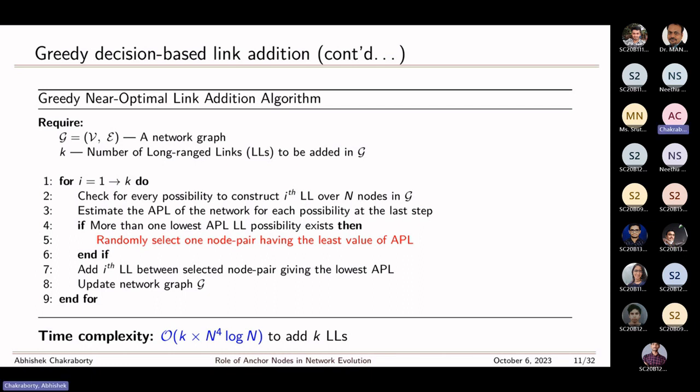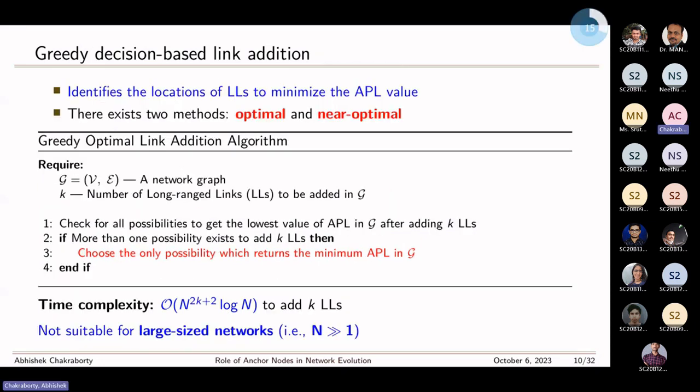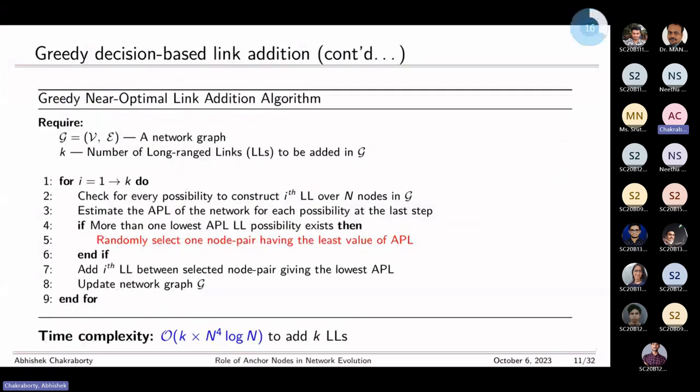As we discussed, for one LL in optimal addition it is n to the power 4 log n. Now we are using this optimal link addition k times to add KLLs. As a result, the time complexity has come down from n to the power 2k plus 2 log n to k times n to the power 4 log n. Still it is very high if the n value is very high.